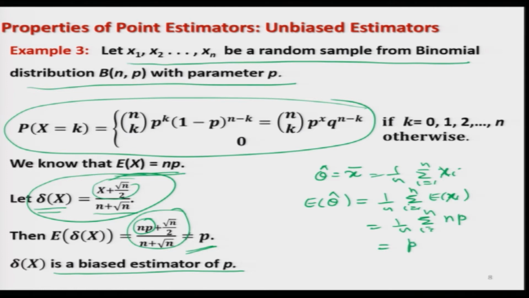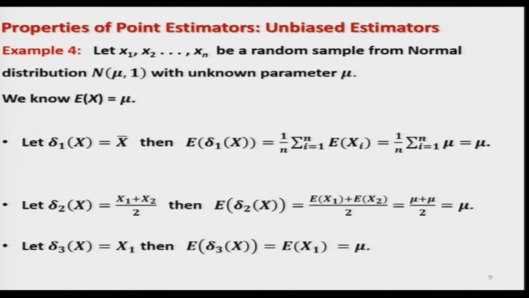So, this will come out to be p. So, you can see here in this case this sample mean will come out to be an unbiased estimator of p, but this estimator delta(x) is a biased estimator of p.